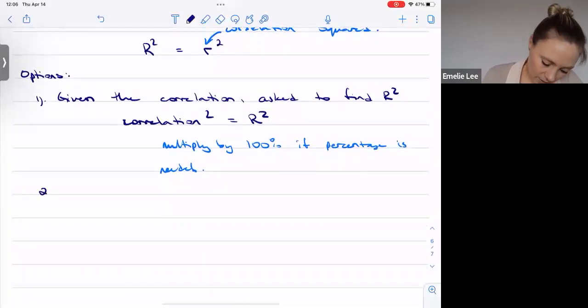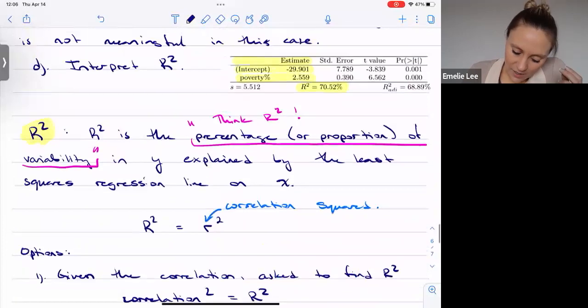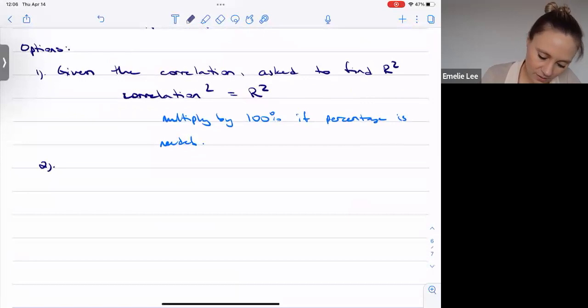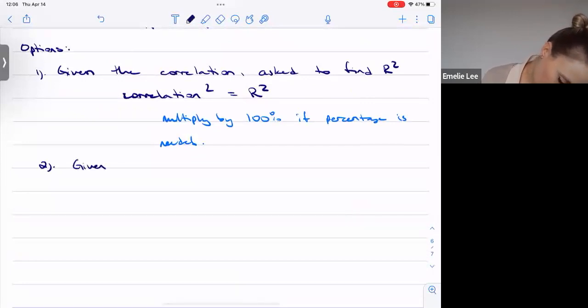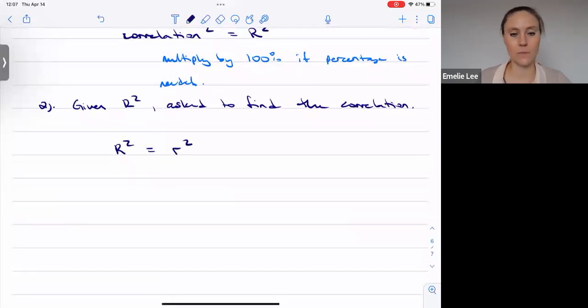The other way that we could ask this question is, what if you don't have the correlation? What if I've given you the R squared, like 70.52 here, or the textbook has here? How can I find the correlation? Well, we'll be given R squared and asked to find the correlation. R squared is the correlation squared.